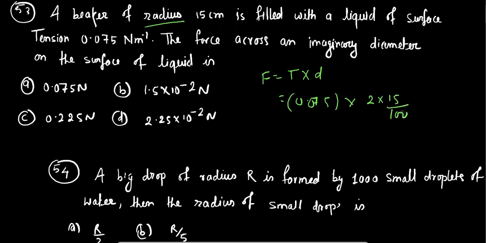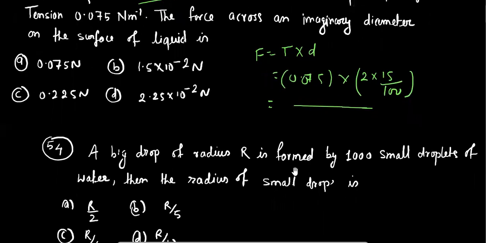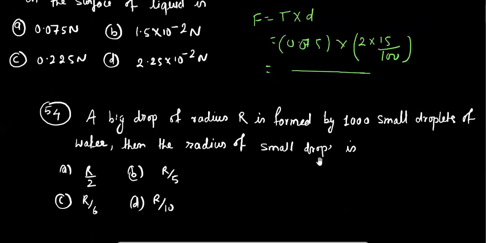I'm going to write it as 2 times the radius, with the radius expressed in meter. Now we can easily solve this, and on solving we'll get the correct answer. So this is the solution for question number 53. Try it yourself and write the correct answer in our comment box.